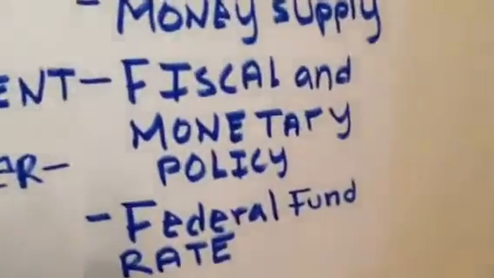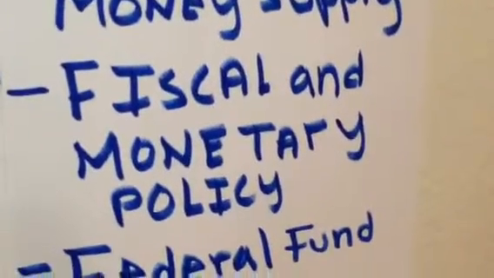Now, money supply is the total amount of money in an economy. Now, fiscal and monetary policy. These two policies are used to influence a nation's economic activity.